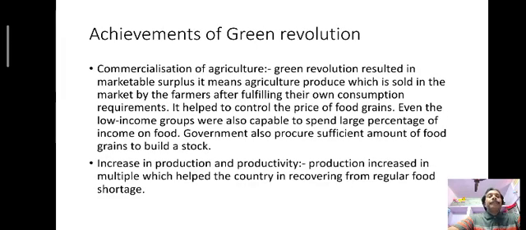Is it clear? So the overall conclusion is that within two phases, the green revolution was implemented in our country. After the implementation, what achievements of green revolution have we noticed?